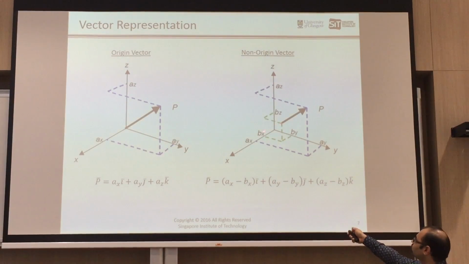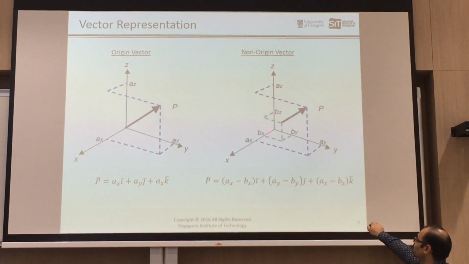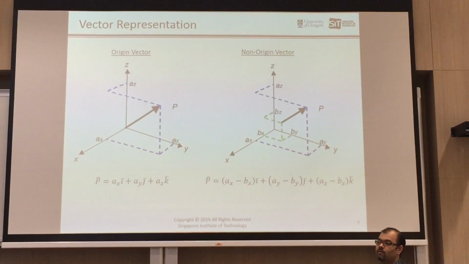Now I have to offset this because I am only interested in this vector from this point to this point. But I know the information from this point to this P point, I know the information from this point to this point here, P. Right? So I can use that information to calculate this vector. Okay, no?